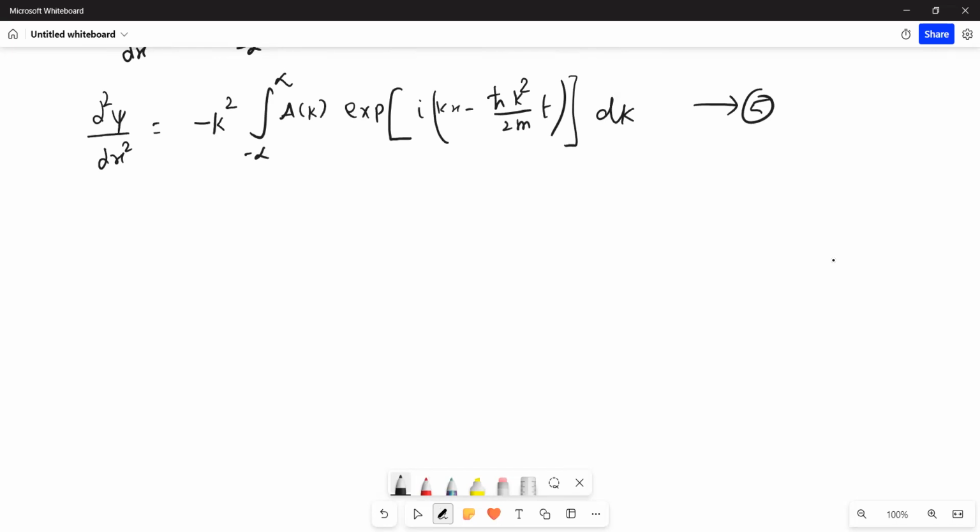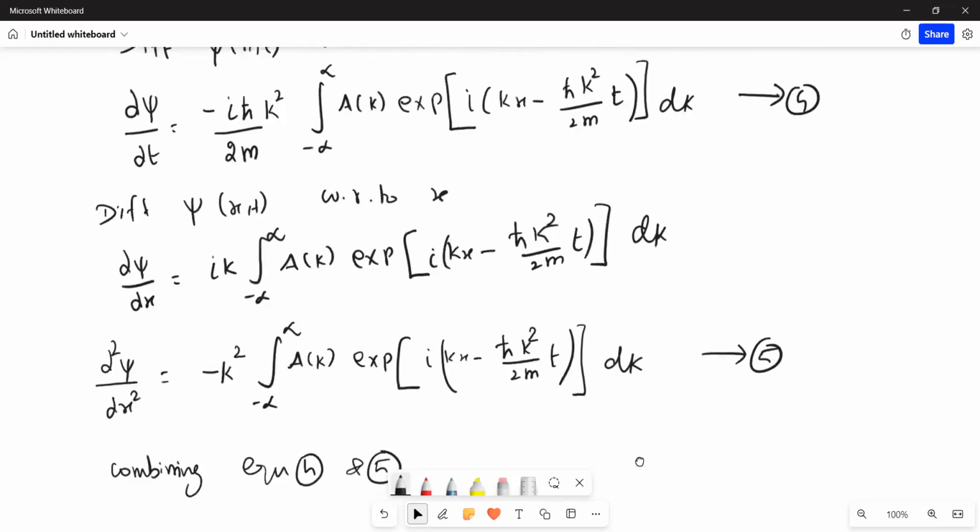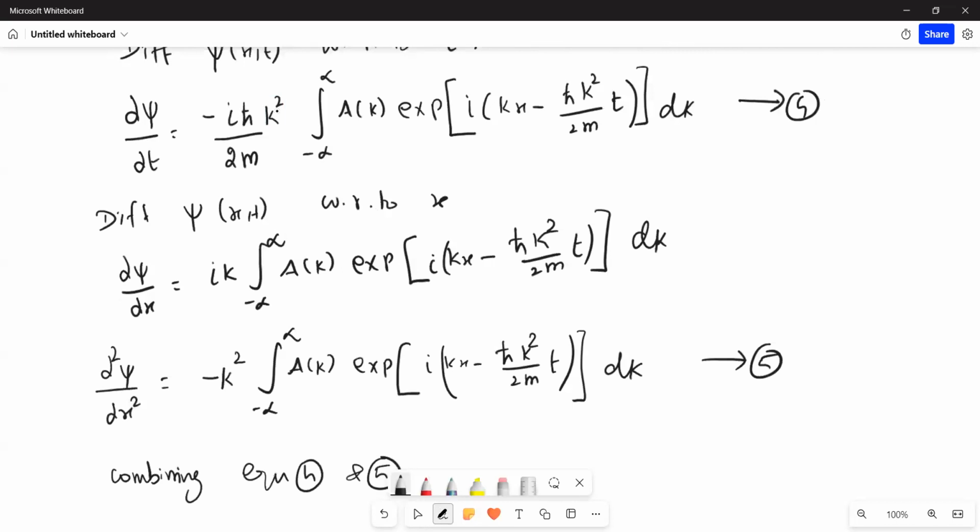Now you need to combine the equations, equations 4 and 5, and compare them. In equation 4, these complete steps are all there except i h cross by 2m. Take minus k square and the full integral term.